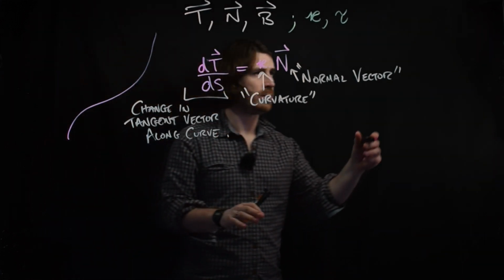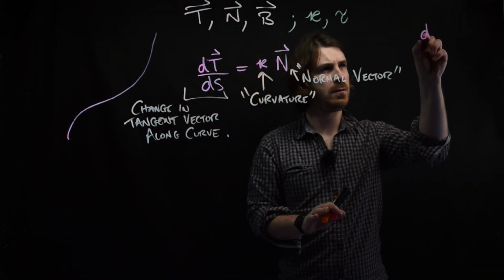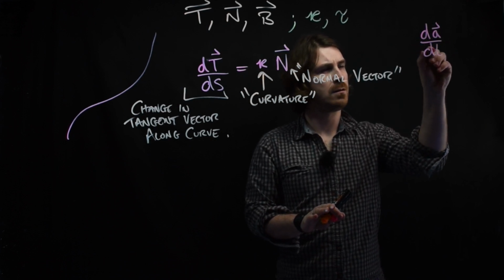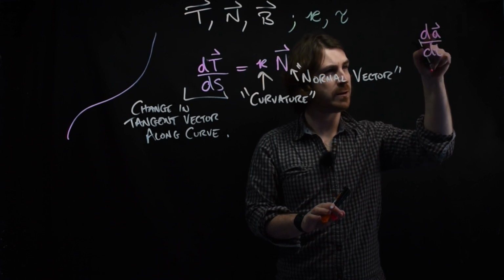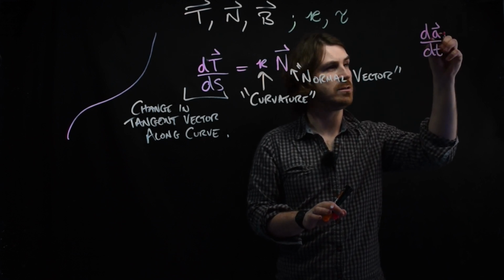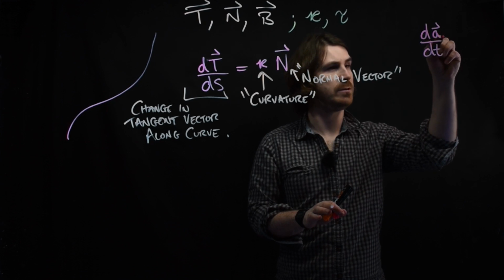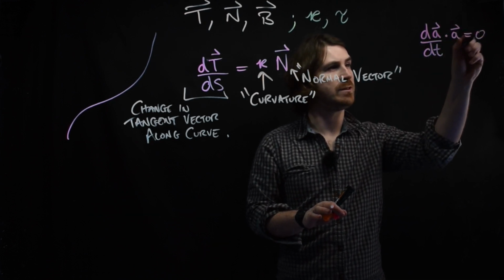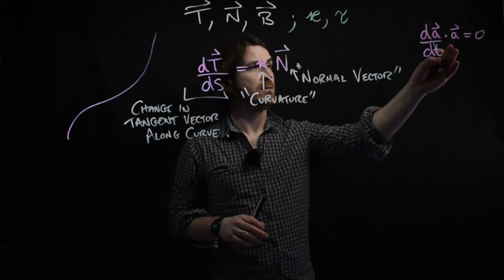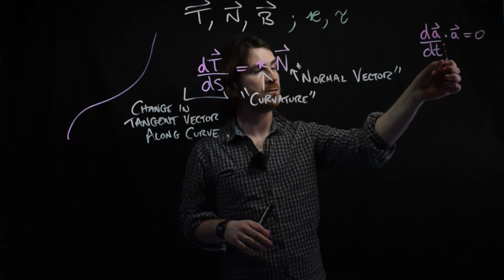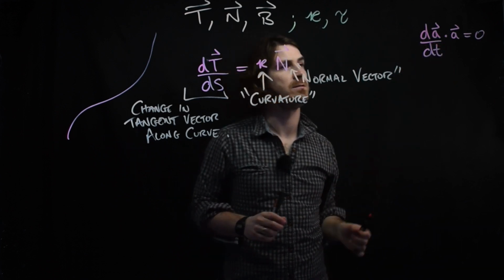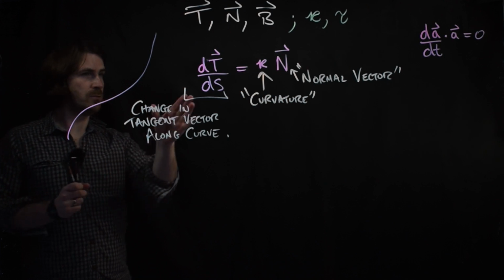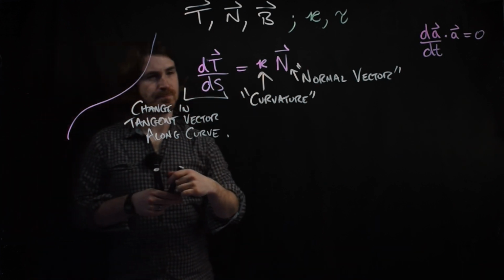We just saw that if a vector A, if its magnitude did not change with this parameter t, then the dot product of dA by dt and A was 0, or that this vector A was perpendicular or orthogonal to dA by dt. So let's apply that here.